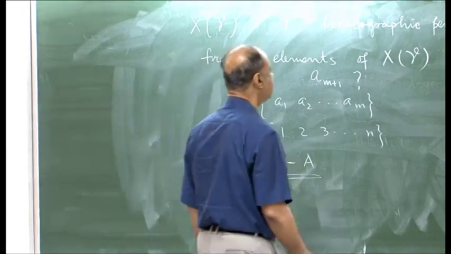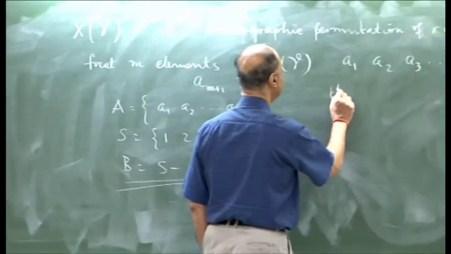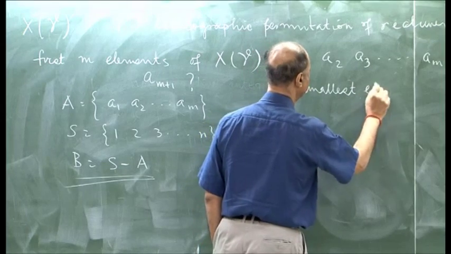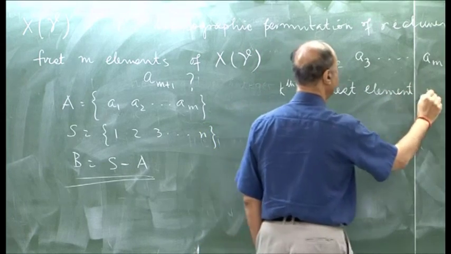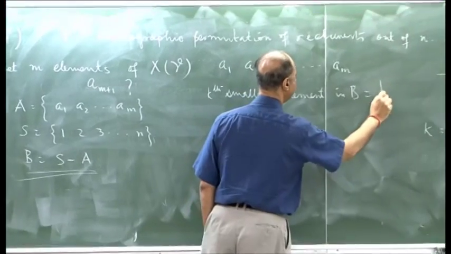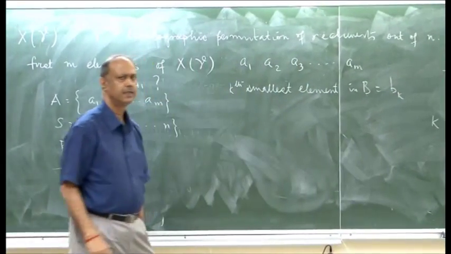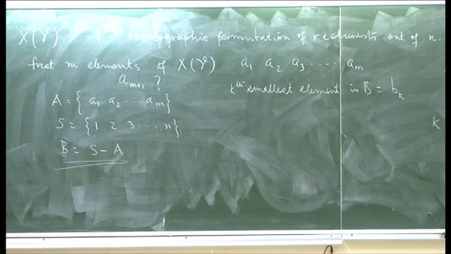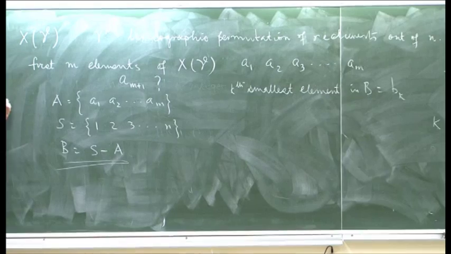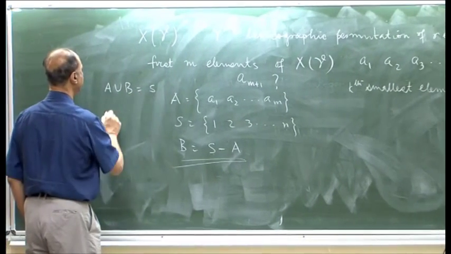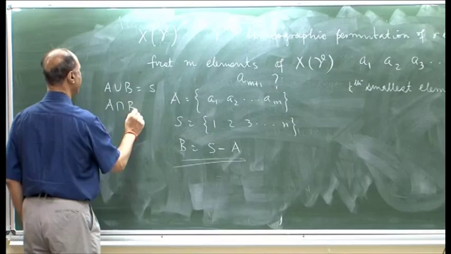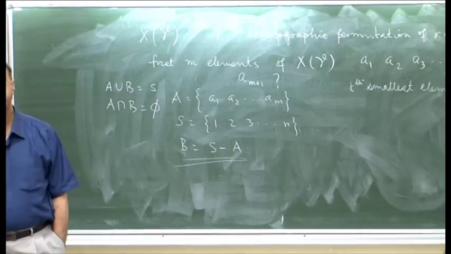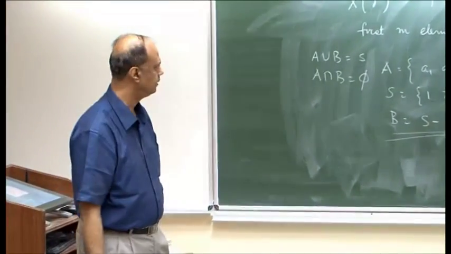Now let us assume that the kth smallest element in B is say Bk. Now remember one thing, that A union B is your S and A intersection B is phi.